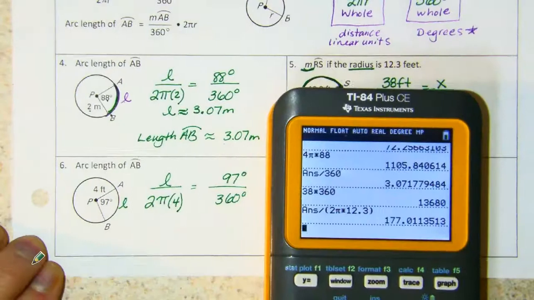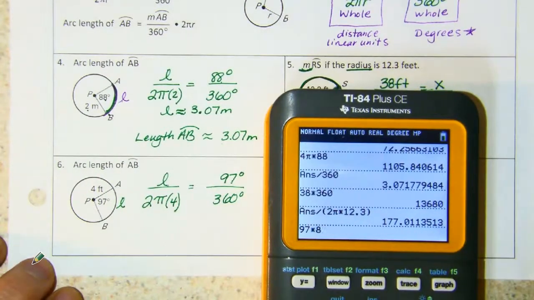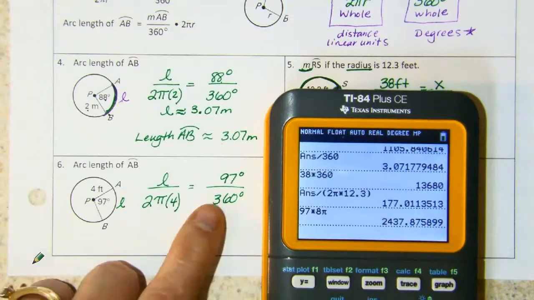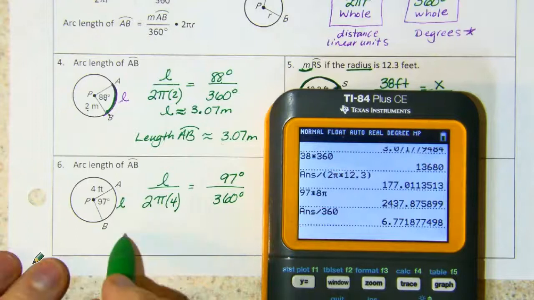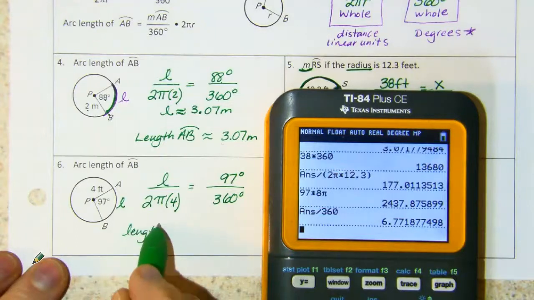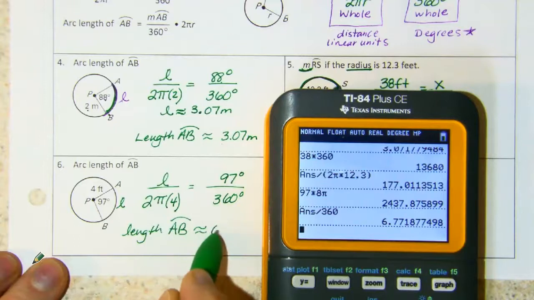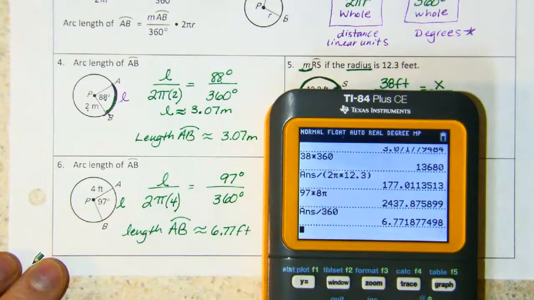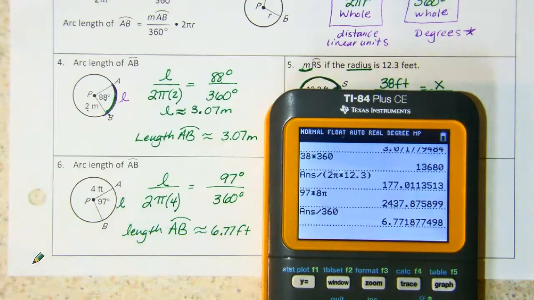Again, cross multiply. 97 times 8 pi divided by that 360. So we're going to get the length of arc AB approximately 6.77 feet. Okay, and if you compare that to that 4, and that's like 6.7, that picture looks accurate.